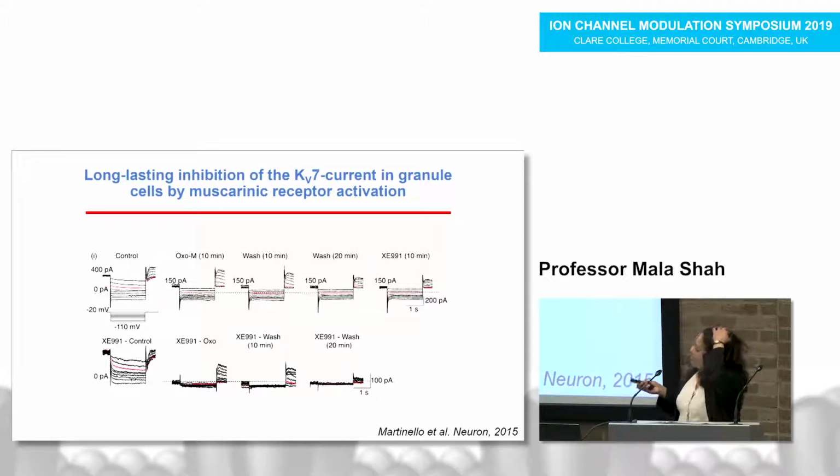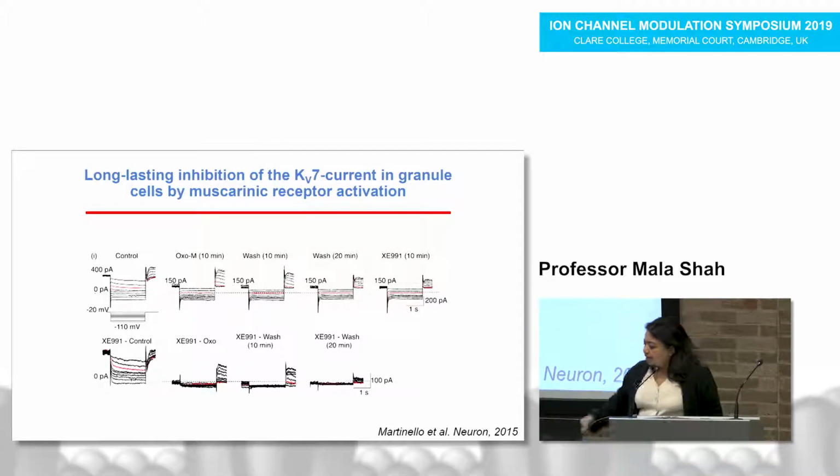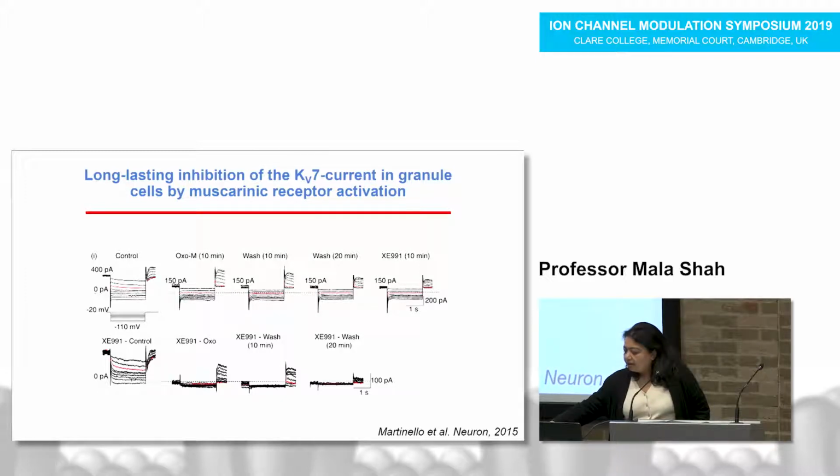As you mentioned, it's an M current, so it should be inhibited by OXO-M. In this case, it is inhibited by the muscarinic receptor agonist, OXO-M. You can see it's inhibited, but if you wash out the OXO-M, it is irreversible, which is very different from what you see in the soma of other neurons.